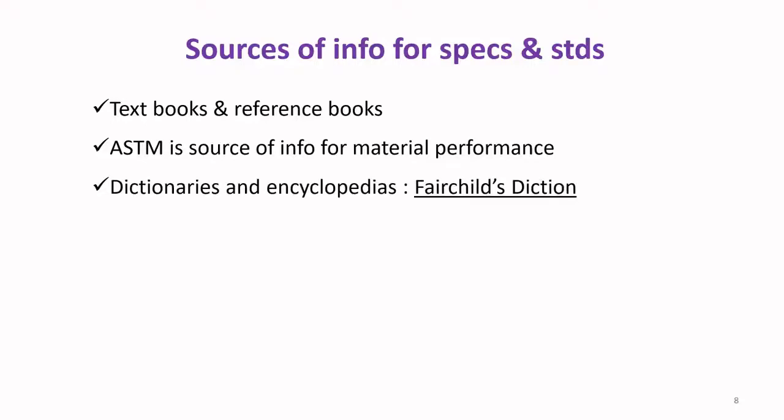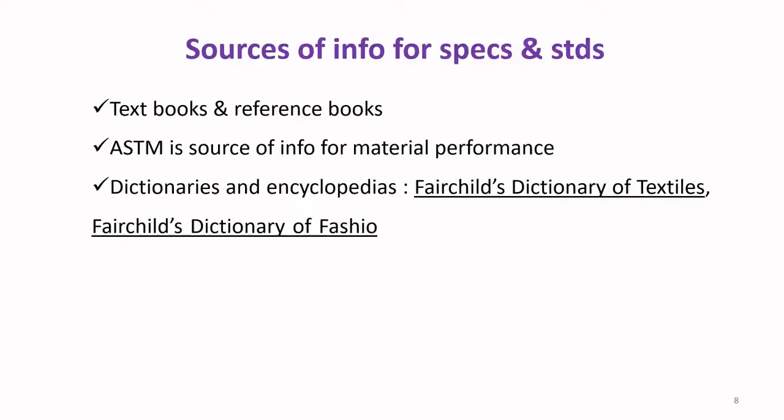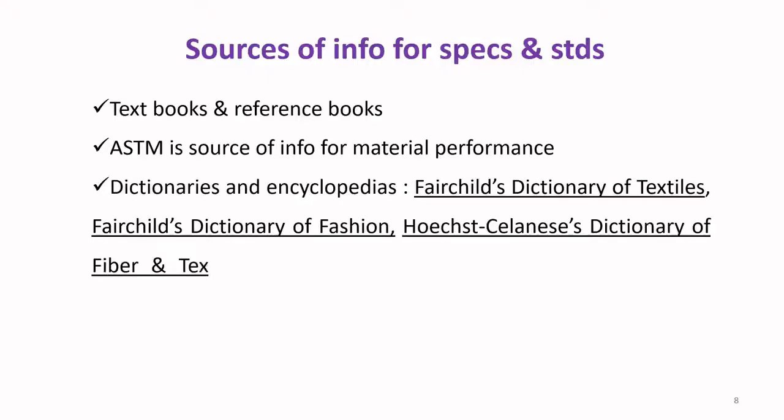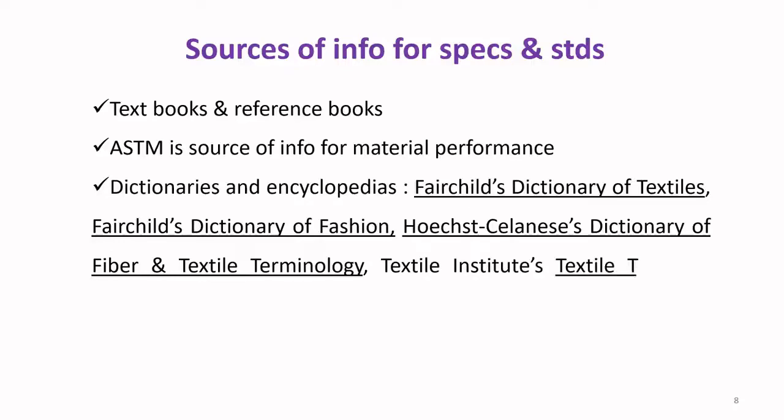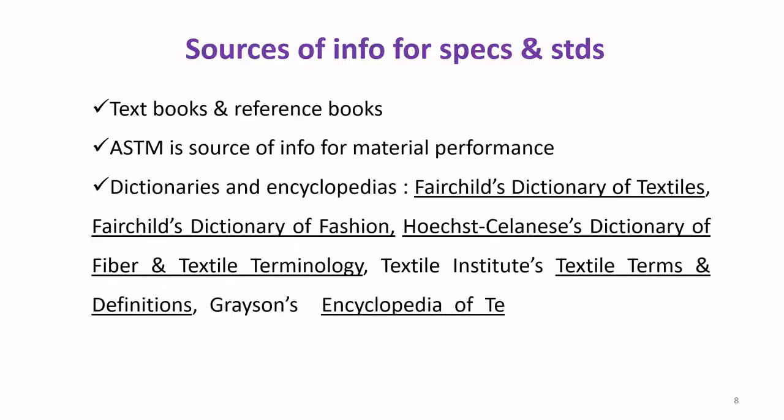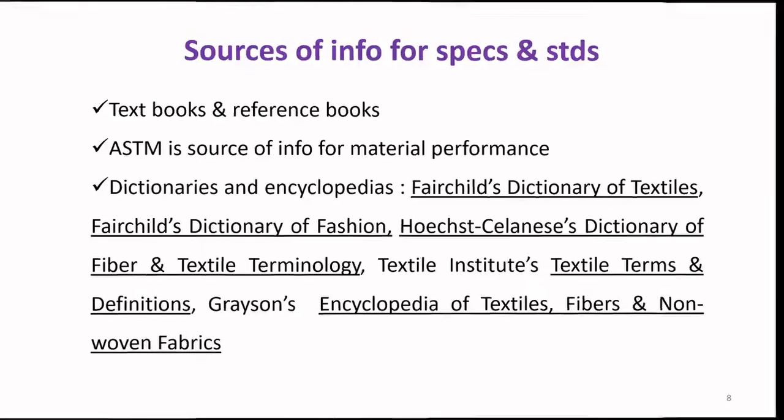Now there are dictionaries and encyclopedias like Fairchild Dictionary of Textiles, Fairchild Dictionary of Fashion, Hext Celanese Dictionary of Fiber and Textile Terminology, Textile Institute's Textile Terms and Definitions, Grayson's Encyclopedia of Textiles, Fibers and Non-Woven Fabrics. These are just some of those reputed names. You would find hundreds of them on the internet.